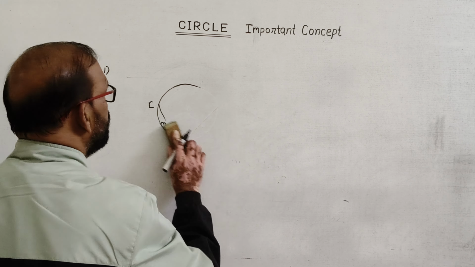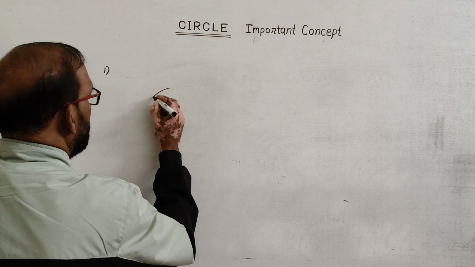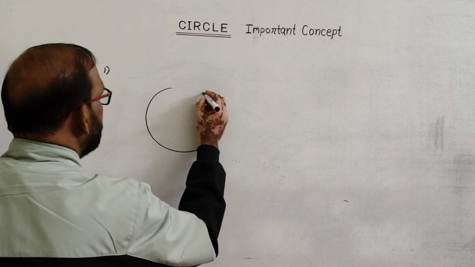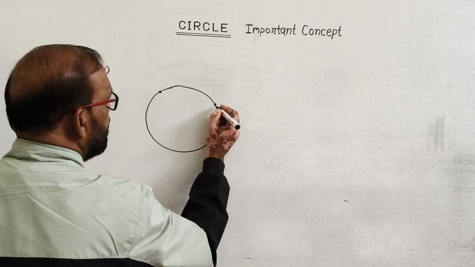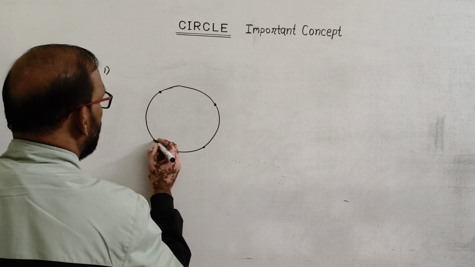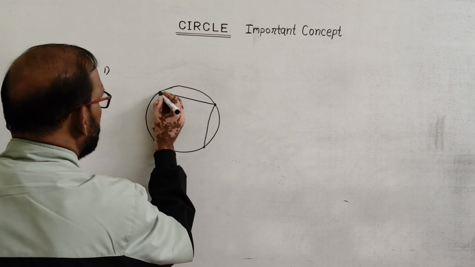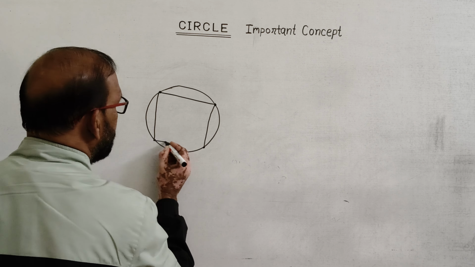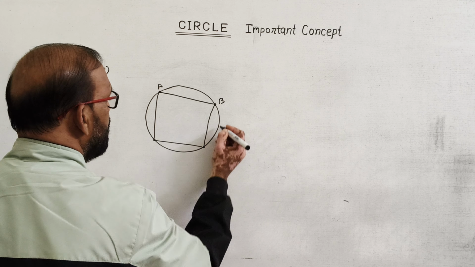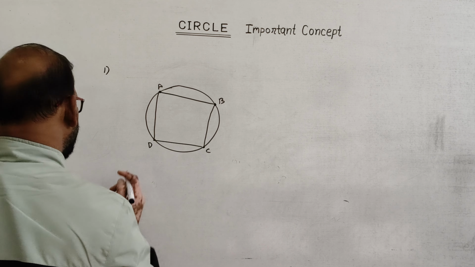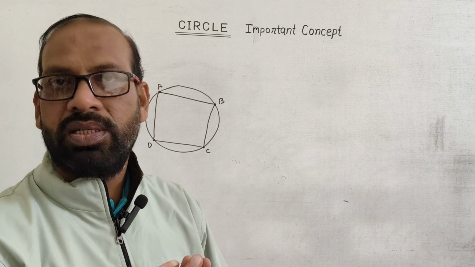One more property of the circle. Suppose we draw a quadrilateral inside the circle, with four vertices like this, represented by A, B, C, D. This quadrilateral is said to be inscribed in a circle.